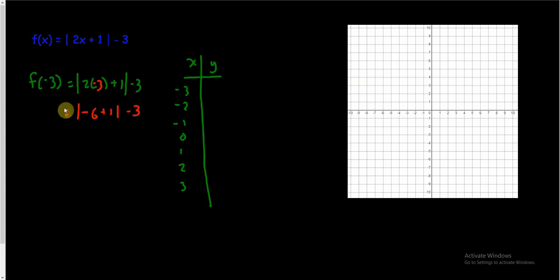That would be -5. But the absolute value of -5 is 5, and 5 minus 3 is 2. Okay, let's start putting these on the graph. -3, 2, to see if we can discover where this turnaround is. So we might try -2.